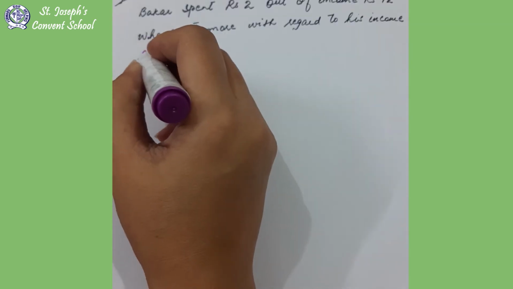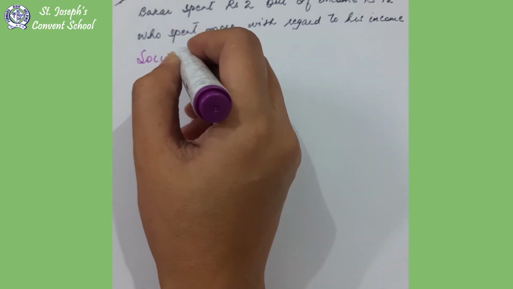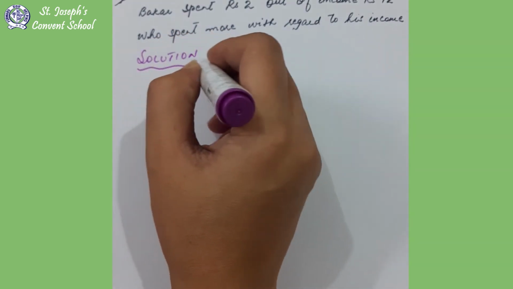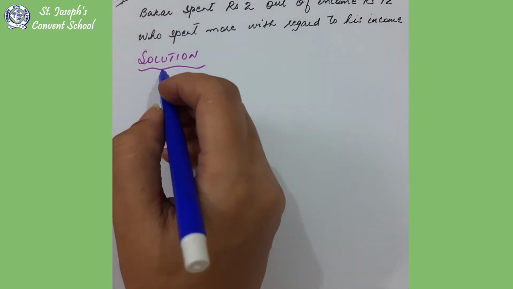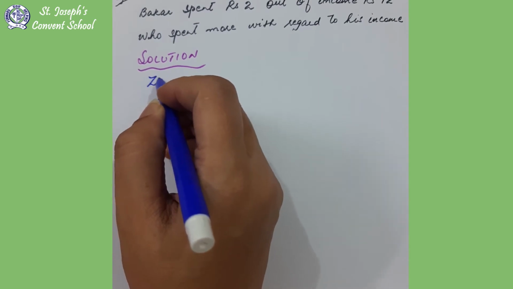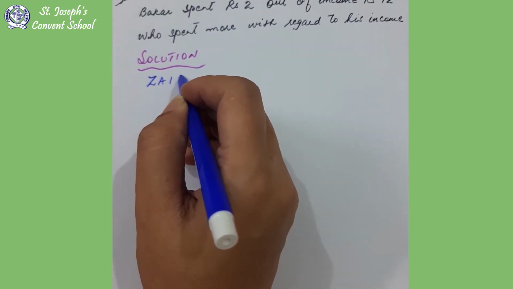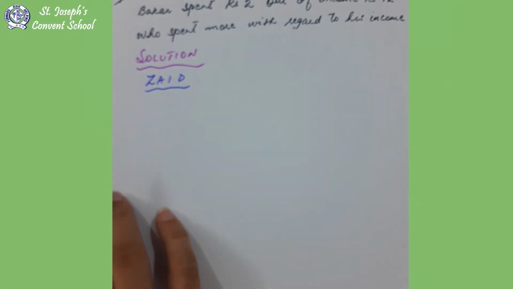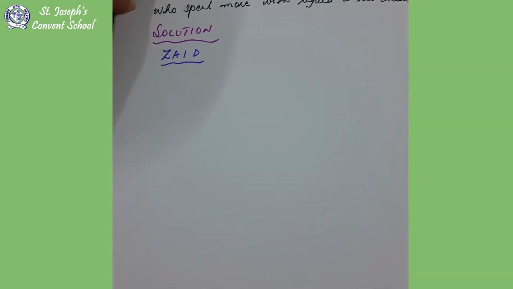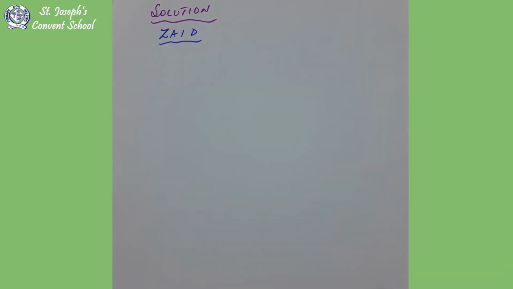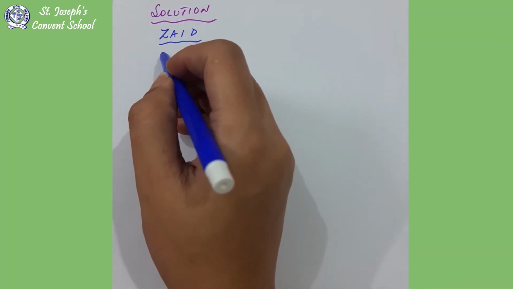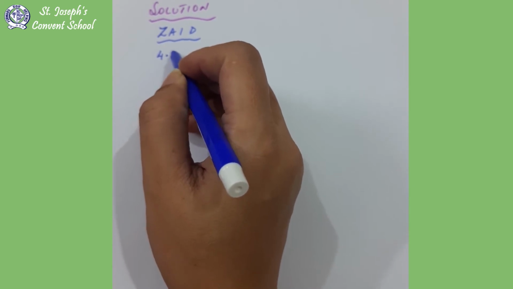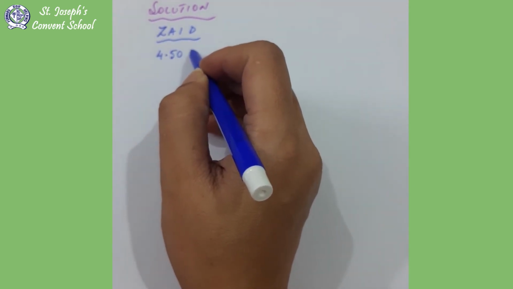Now solve it. Solution. Let's start with Z. Okay, we'll write Z first. Now Z spent 4.5 rupees out of 15.